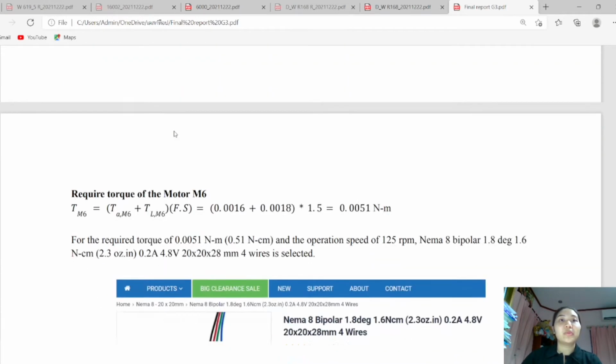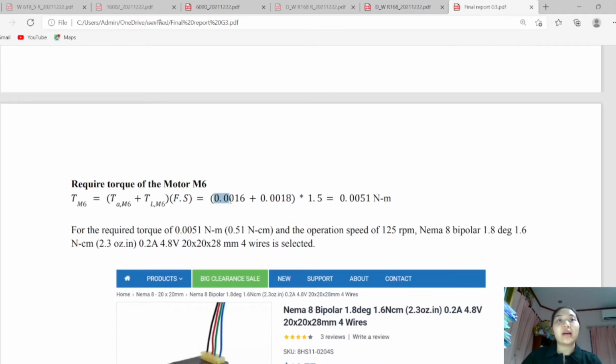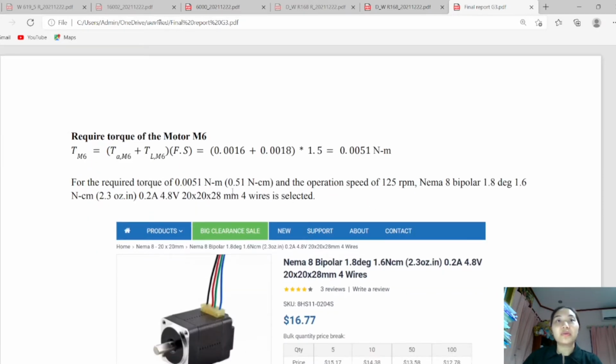And we got torque acceleration as 0.0016 and load torque we got 0.0018. And we use a factor of safety of 1.5, and the required torque for motor 6 is 0.0051 Newton meter or 0.51 Newton centimeter.